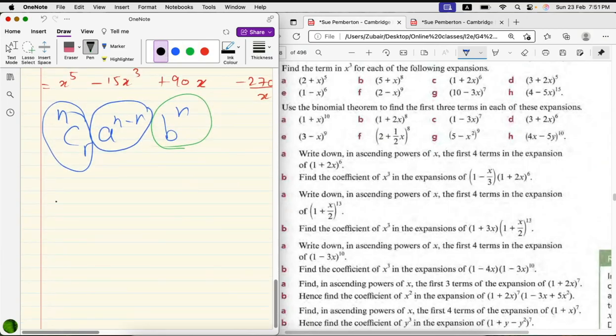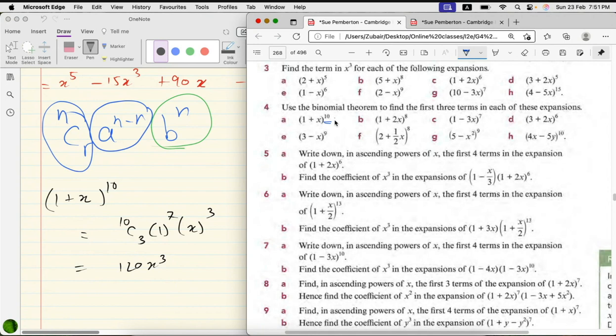We can directly write that if it was (1 plus x) raised to power 10, when r is 3, it's 10C3, a^(10-3), b^3. So this will be the coefficient of x cube. That's 10C3, and I'm getting 120 x cube.